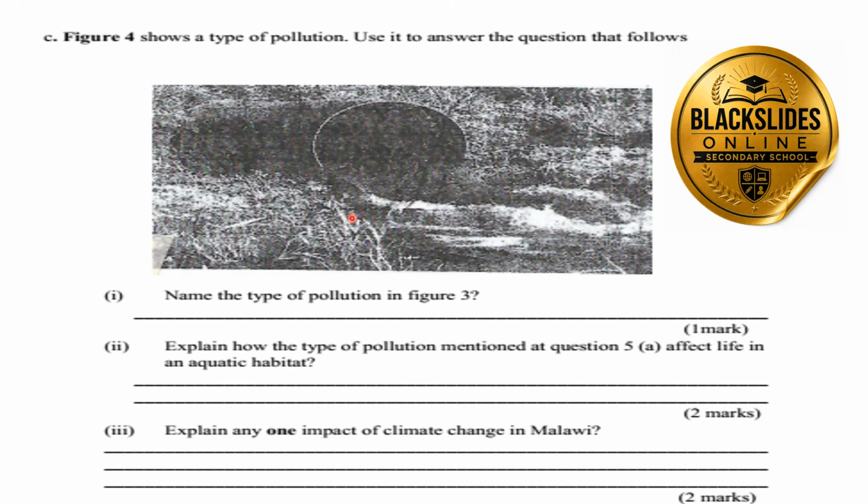First of all, we see a thick, dark, shiny layer covering the water surface. This clearly shows that there's an oil spill or something in the river.